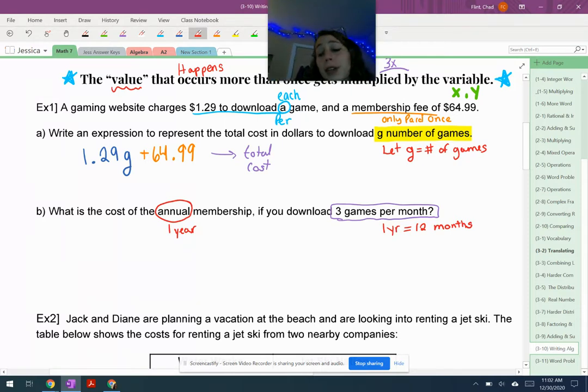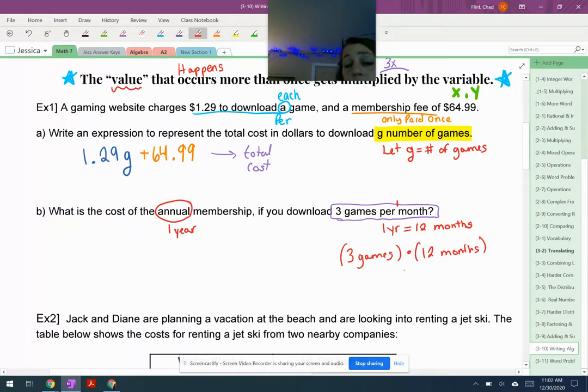So if I'm downloading 3 games per 1 month, and there's 12 months, that would be 3 games times 12 months to get a total of 3 times 12 is 36 games.